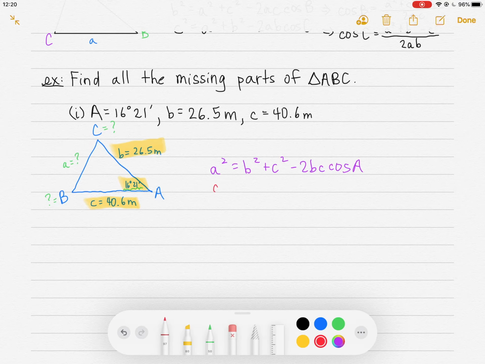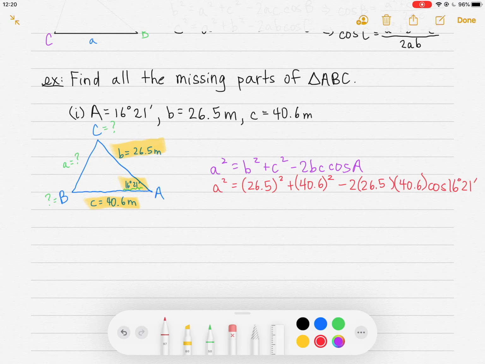Okay, so little a squared is equal to 26.5 squared plus 40.6 squared minus 2 times 26.5 times 40.6 times cosine of 16 degrees, 21 minutes.